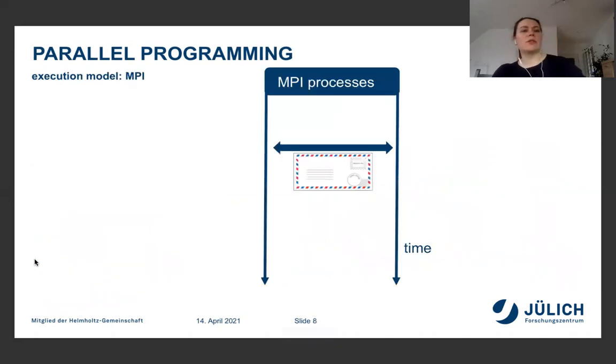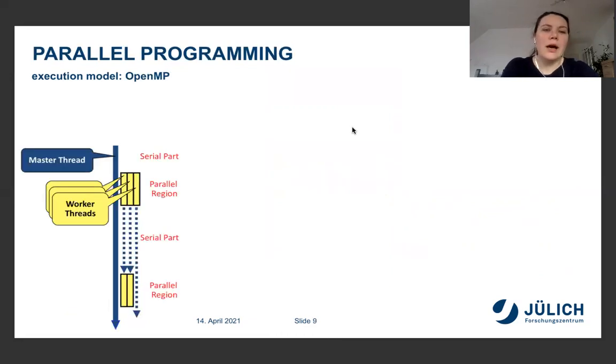How does the execution model look? Let's start with pure MPI. When you have MPI parallelization in your code, you start several processes from the beginning, and then run your code, and from time to time they communicate by sending messages. If you have only OpenMP, then your execution starts with one process. This is also called the master thread, and it executes your code serially.